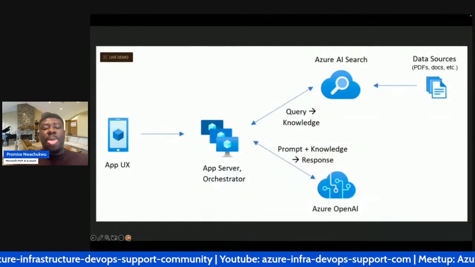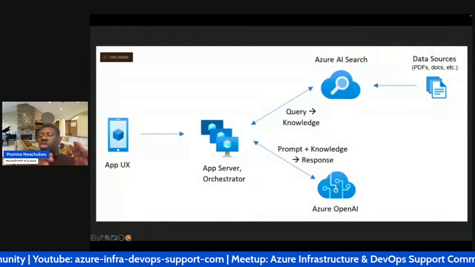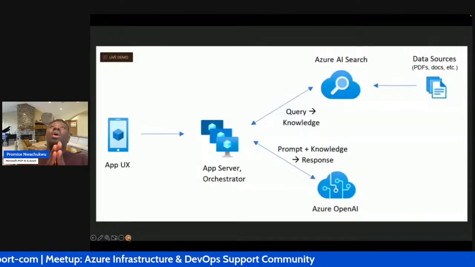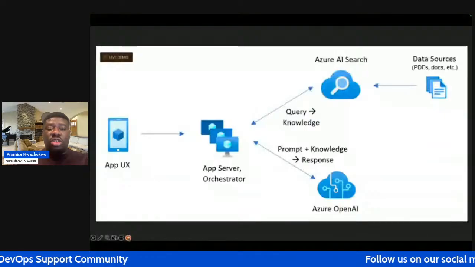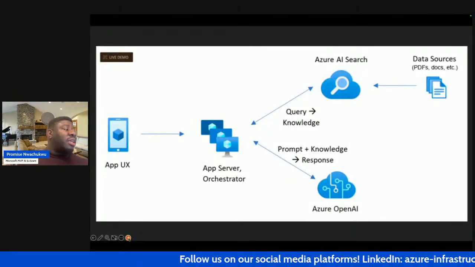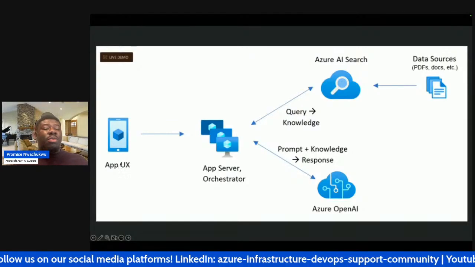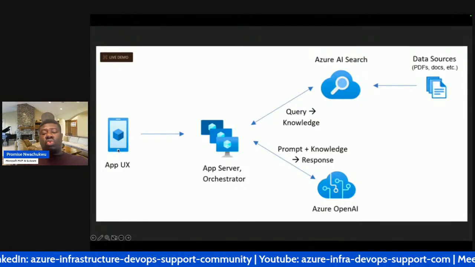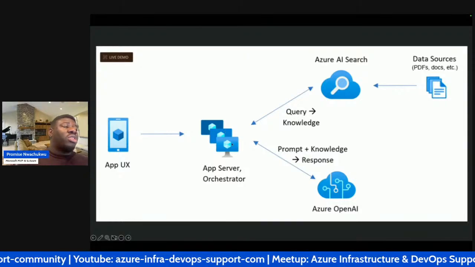All right. So we are going to be doing a live demo, just generally explaining to you so you can have more context as to how to build your first Foundry IQ application. Now, in this particular diagram, you can see the app UX as maybe your laptop or a device which you can use to communicate with your app server or orchestrator.